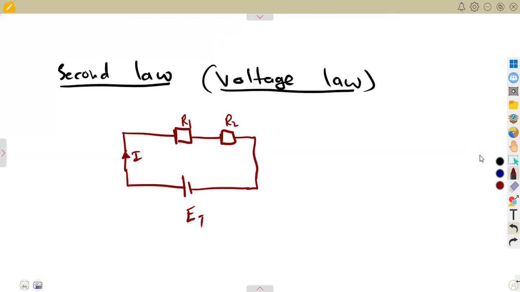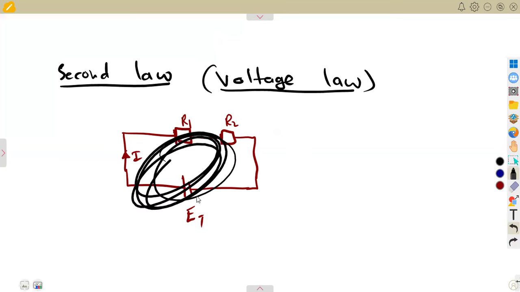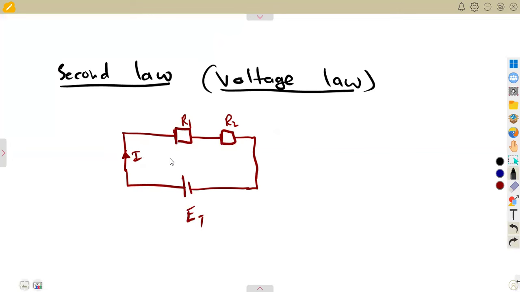It states that the sum, if you want to consider that part, the sum in a closed loop of the voltage drops. Sum of this voltage drop, each and every voltage drop that you're going to have, the voltage drop on this part is equal to the potential difference that you are given.